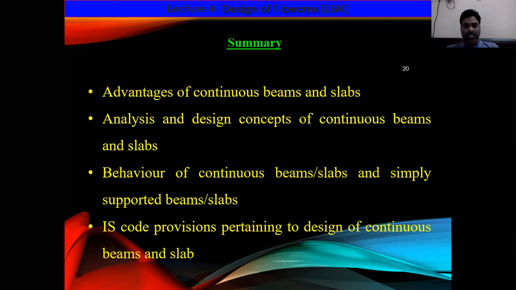So these two conditions we need to check before applying the IS 456 method for determining the bending moment and shear force factors. And based upon the factors, you can determine the shear forces and bending moments for different cases which are mentioned in the table, right? So with this, I would like to conclude this class. Next class we will discuss the design procedure and we'll solve some examples.